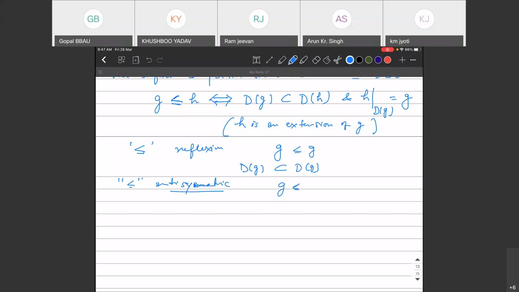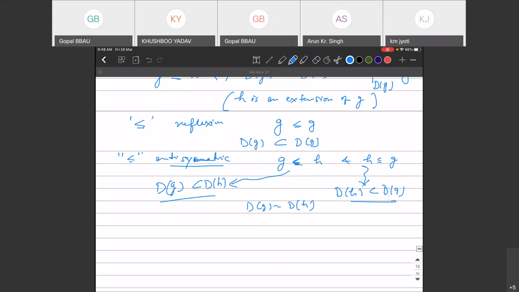Suppose G is less than or equal to H, and H is less than or equal to G. From the first, DG is contained in DH. From the second, DH is contained in DG. And from these two, DG is equal to DH.